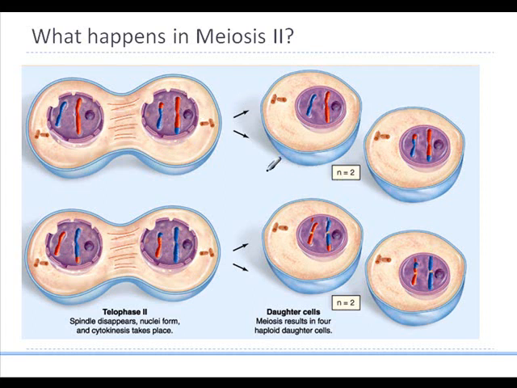Eventually, after telophase, when the membrane is reformed, the cell will give rise to what are called the daughter cells. The daughter cells are now all haploid, and they have a variation of genetic material. They still have the two chromosomes that we began with, but if you compare each chromosome, you have a long red, a long red with a blue segment, a long blue, and a blue with a red.